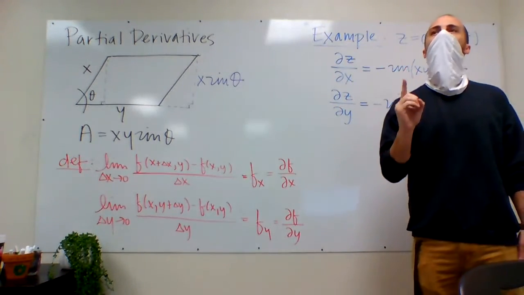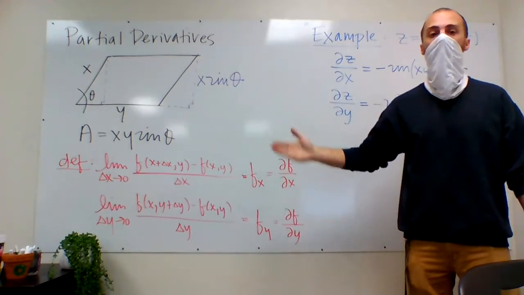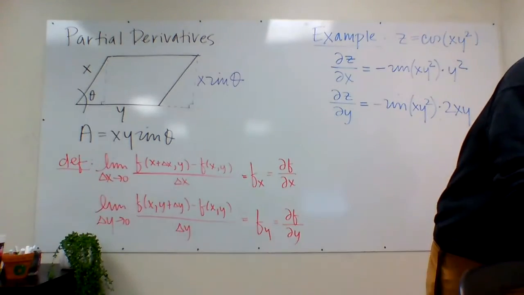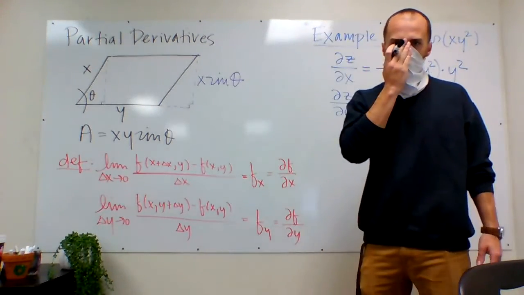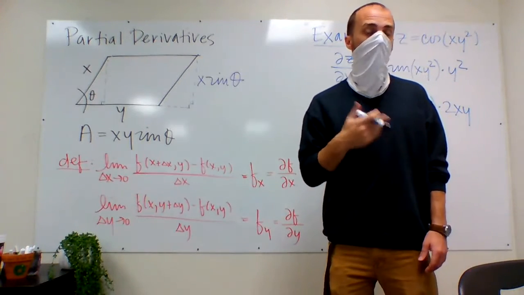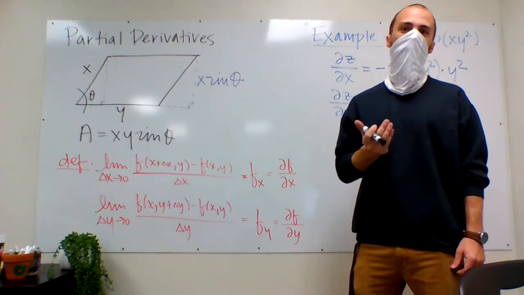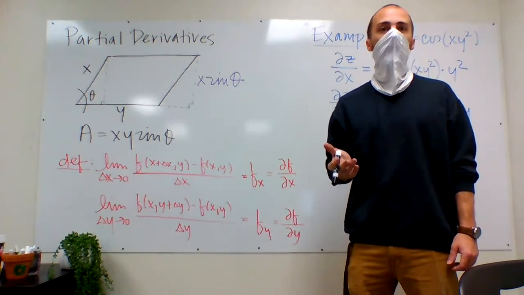So I'm going to hopefully be able to show you that in terms of the partial derivative of area with respect to theta. Is this equation asymptotic when theta is close to 180? I think what we'll find is that as theta gets closer to pi or 180 degrees, the area will go closer to 0.